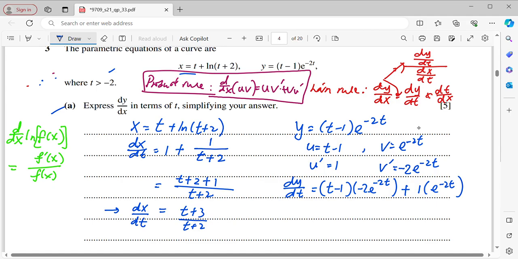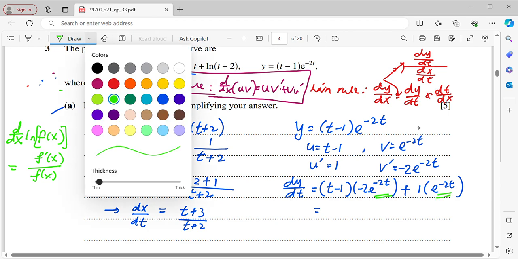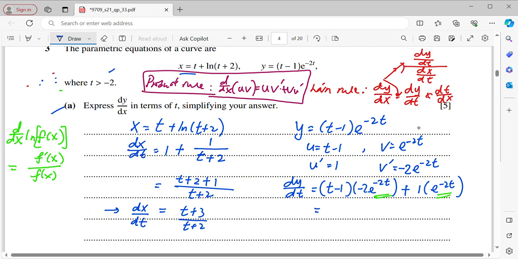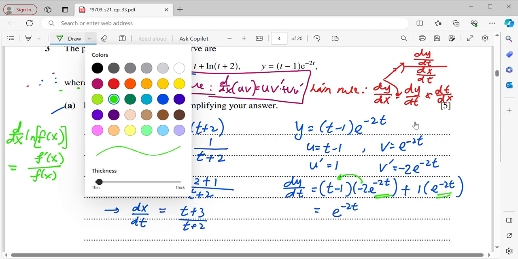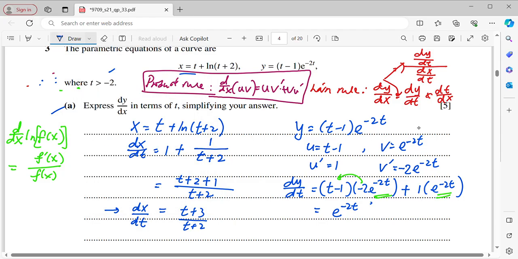Okay, then from here, you may factorize the common term. The common term is basically the exponential negative 2t. So once I have factorized, I will get e to the negative 2t. Then this negative 2 will be multiplied to the t minus 1, so I will be getting negative 2t plus 2.